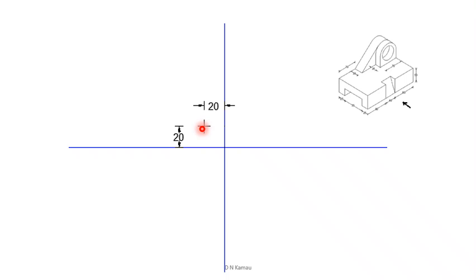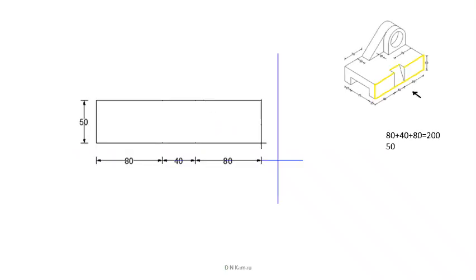So we draw 80, 40, 80, and then 50, 80, 40, 80, and then we have our rectangle. So the rectangle is there. You can see that this is 80, this is 40, and this is 80, and then that is 50.